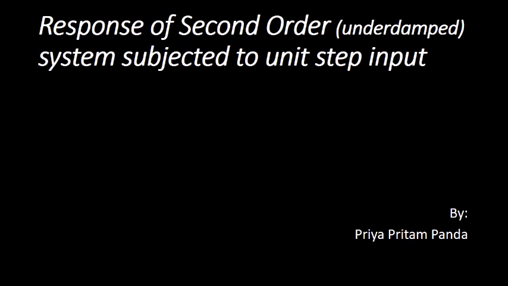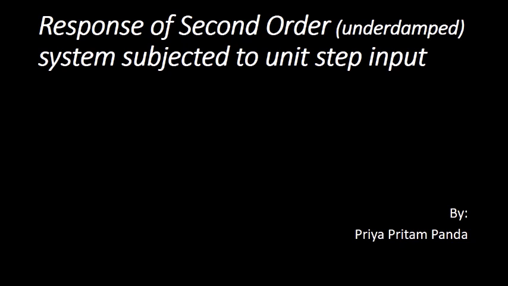We have already studied the characteristics of systems. When the maximum power of the auxiliary equation is 2, it is called a second order system. Once the system is second order and the input is unit step, provided zeta is between 0 and 1, you will get an underdamped system.